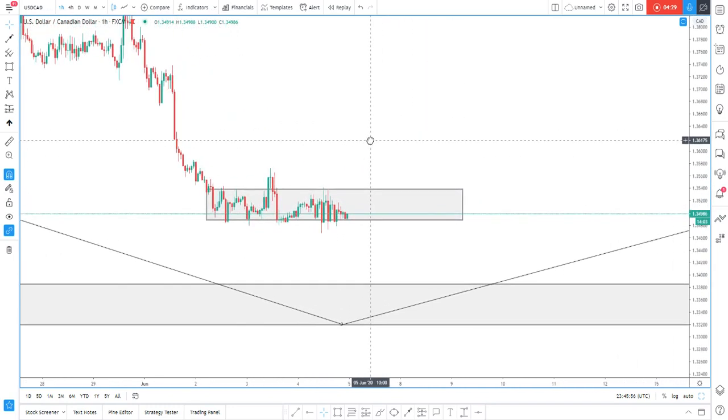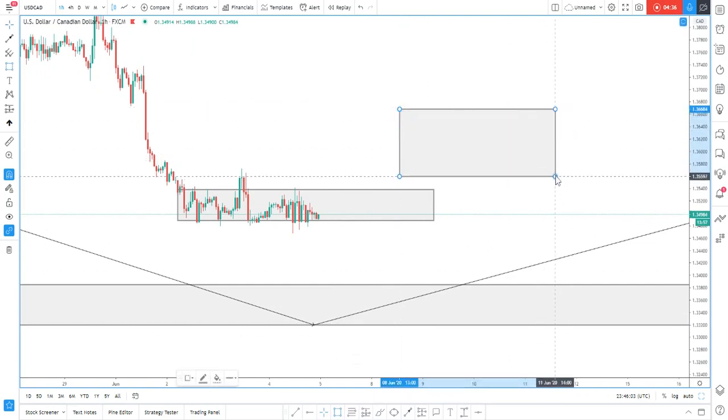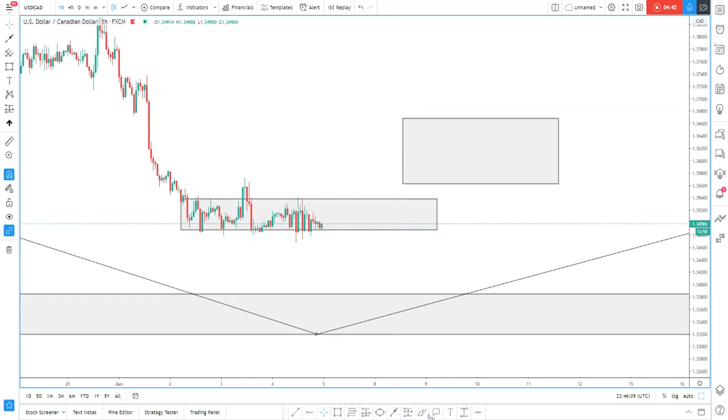Now there's something traders don't really know about price being in a ranging market. When price is in a ranging market and this type of thing happens, let's say price gently falls into a ranging market and we have this. Sorry, let me try to draw this again.